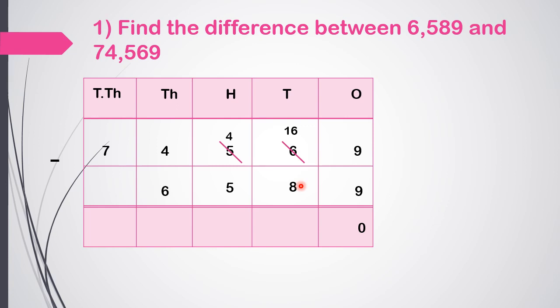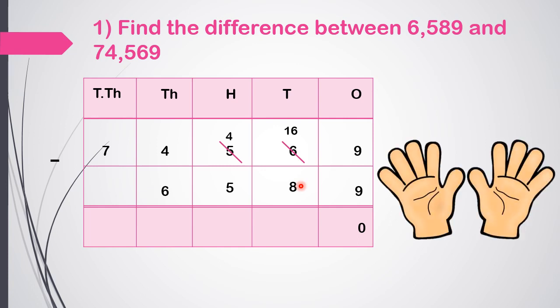To find out 16 minus 8, we can use many ways to find the answer. For a simple method, I'll tell you. Take your fingers. Fold your fingers. Now we are going to find out 16 minus 8. So we have to start from after 8.